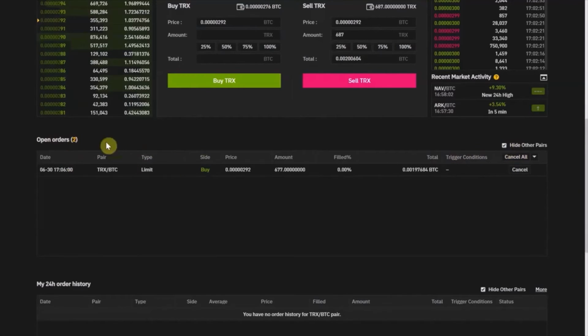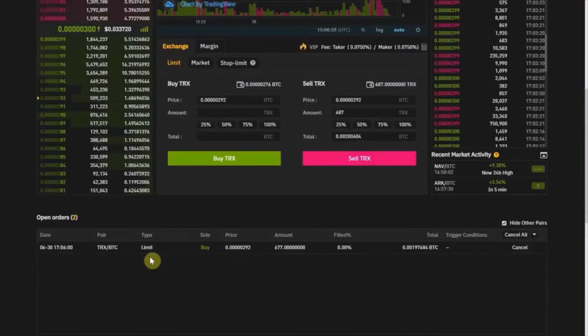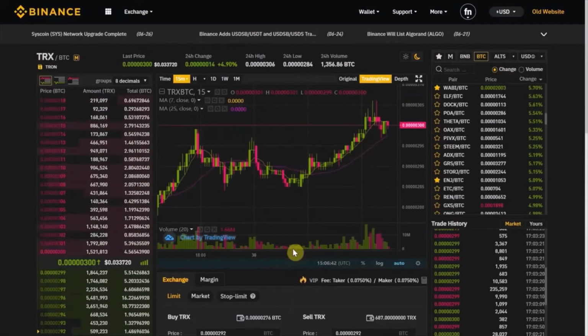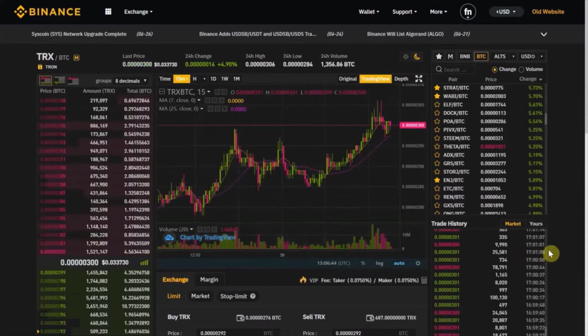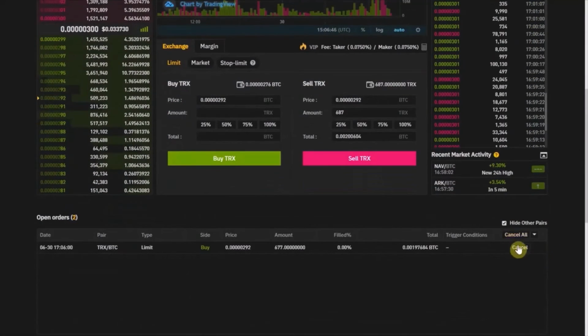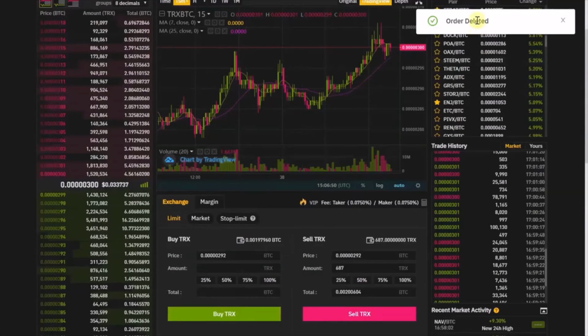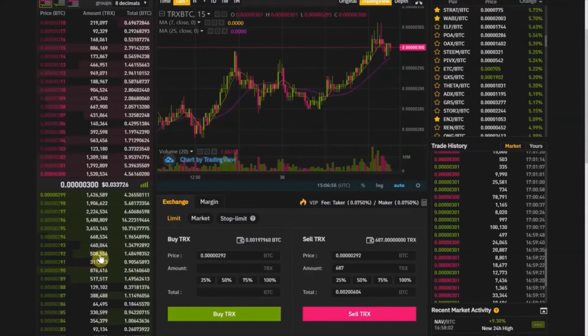Apparently I have another pair. I have a BTC order from a long time ago. And you can see the order here is open. Okay, so if you decide to cancel, simple, just come over here, cancel, order deleted, and you no longer have the indicator here. Okay, 500,000 TRX, it's growing.